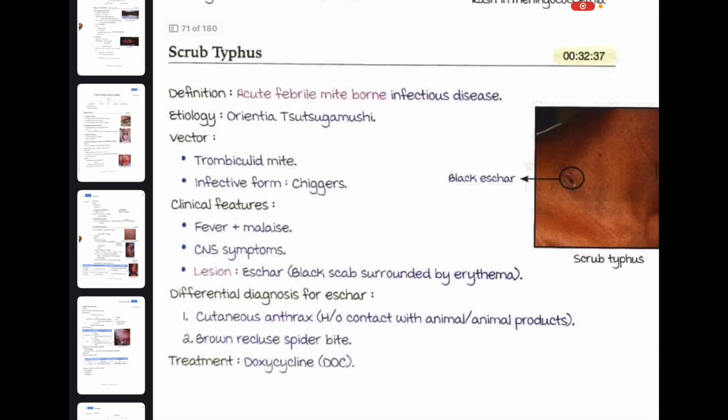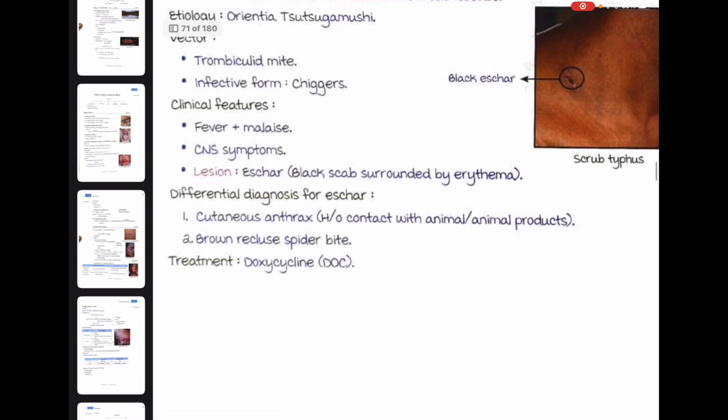Scrub typhus: acute febrile mite-borne infectious disease. Etiology: Orientia tsutsugamushi. Vector: trombiculid mite. Infective form: chiggers. Clinical features: fever plus malaise. Lesion: eschar, black scab surrounded by erythema. Differential diagnosis for eschar is cutaneous anthrax, history of contact with animal products, and brown recluse spider bite.